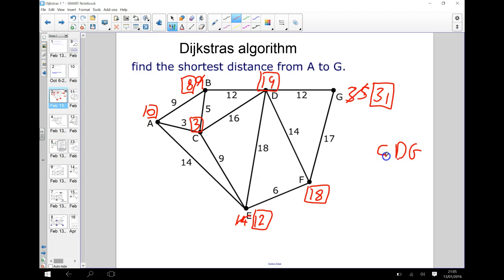So I could put a C over here, and then finally that must have come from A. So my shortest path is going to be ACDG. That's the shortest path from A to G, and the shortest distance is going to be 31.